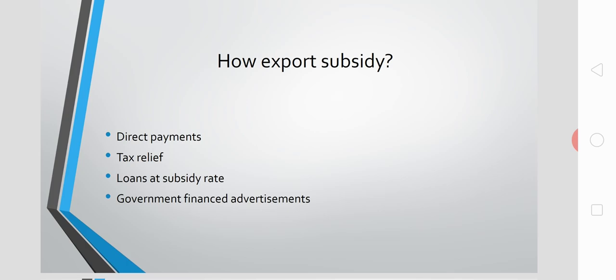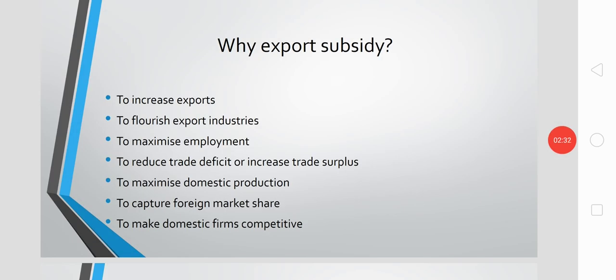The government may fund certain advertisements for boosting the demand of the domestic producers, that is to boost the export of the commodities as well. So export subsidy is possible through four ways: direct payments, tax relief or tax concession, loans at low cost, then government financed advertisements.